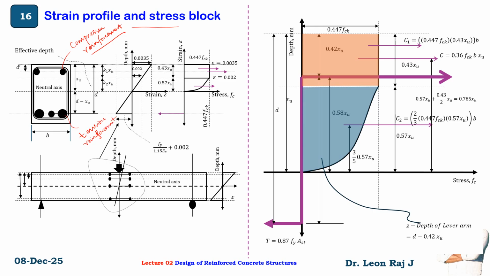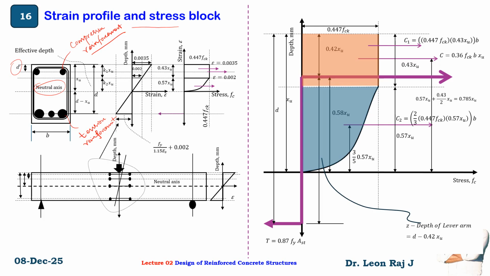And here you can see this is the neutral axis and d dash is the effective cover, not exactly effective depth. So this is the distance between the centroid of the compression reinforcement and the extreme compression fiber.